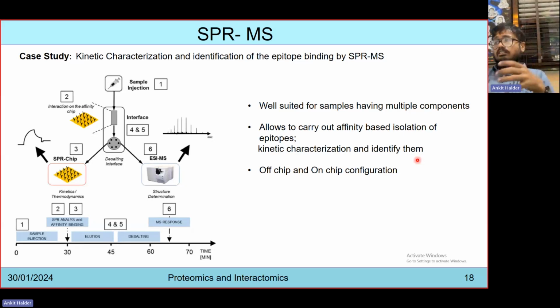So what is that? We have the samples. One sample we get for the SPR, and then we get that this epitope is binding. What is the characterization of that particular epitope against that particular target, and what is the level of the association and dissociation constants, from the sensorgram. And the same epitopes we channel into the electrospray ionization and do the MS, after obviously going through different steps, to identify what the particular epitopes are.